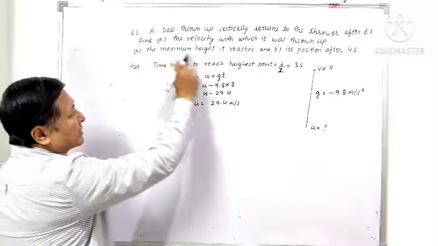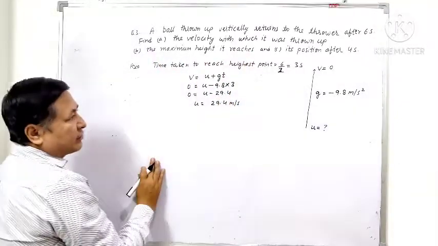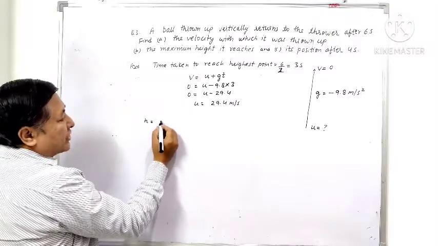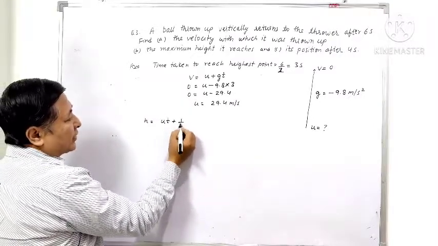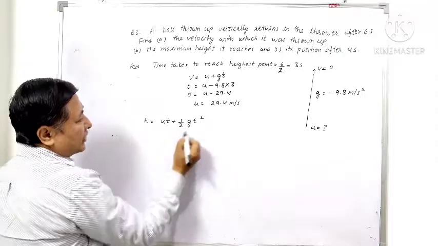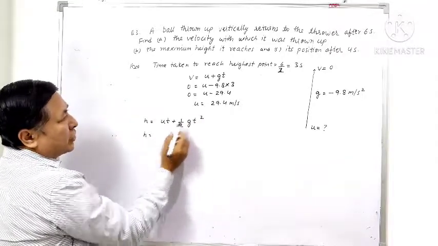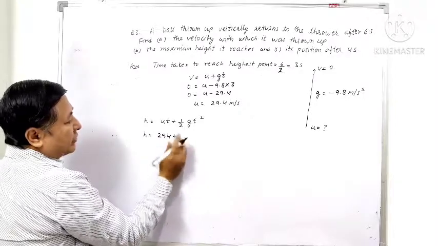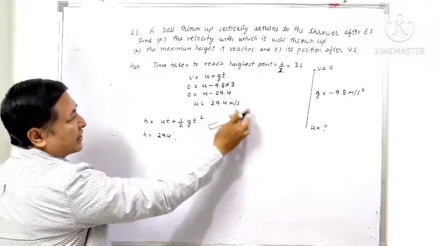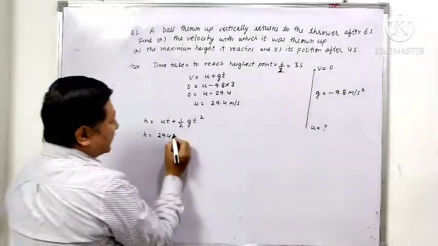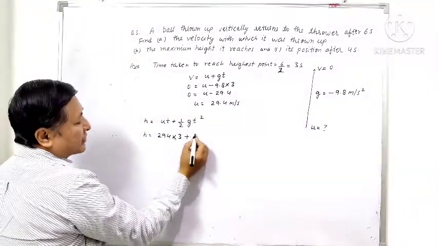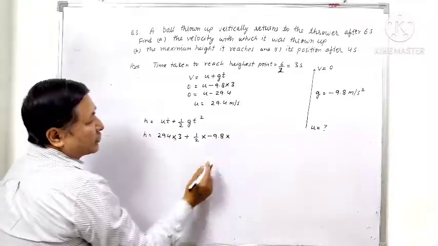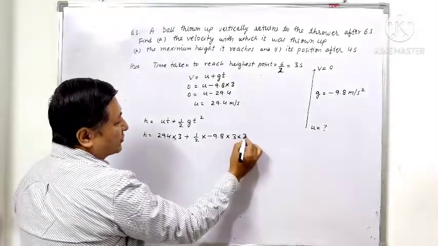Now we have to find the maximum height it reaches, that means we have to find h. We know the second equation of motion, h is equal to ut plus half gt square. So h will be equal to u, initial, 29.4 into t, which is 3 seconds to reach the highest point, plus half into g, which is minus 9.8, into t square, that is 3 into 3.